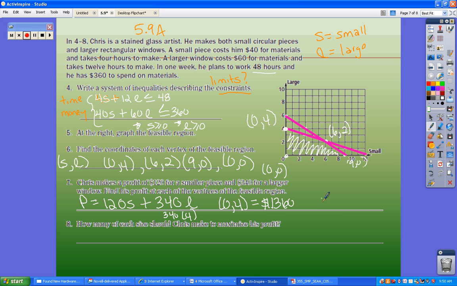Plug in 6, 2, and what do I get? 120 times 6 is 720 plus 340 times 2, 680. 1,400, so I do make a little bit more money this way.